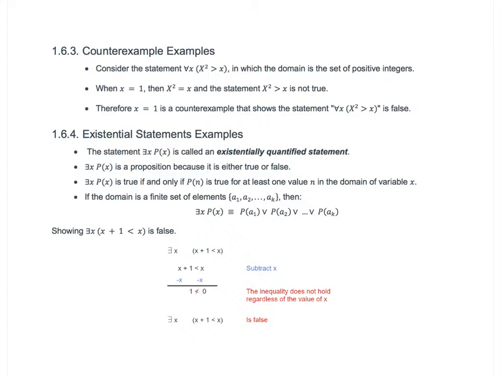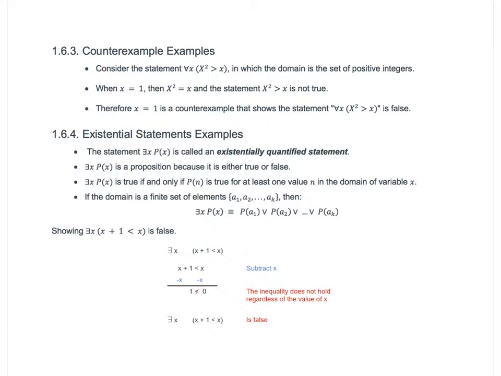So if you have a statement like this, for every x, x squared is greater than x, and you know that the domain of x is the set of all positive integers, then you can find a value in the set of all positive integers that if you replace x by it, then x squared would not be greater than x.